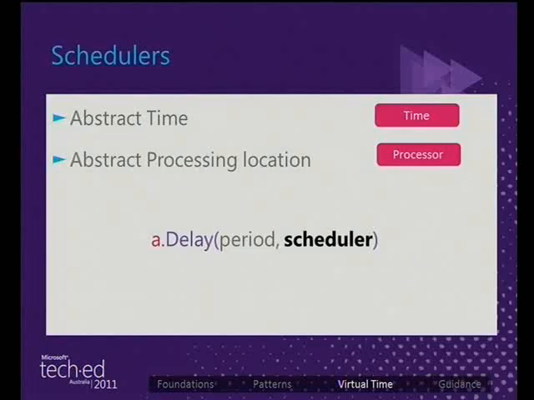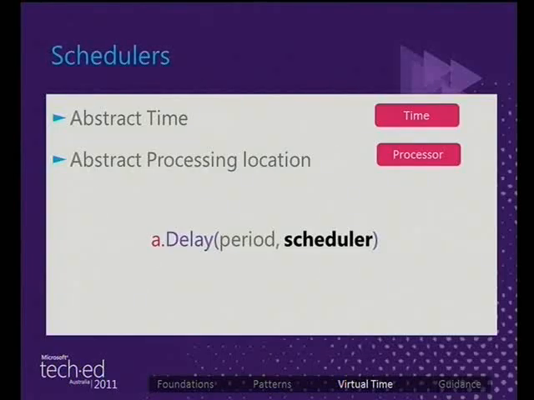If you did a .delay with a scheduler, and then some code after that, and that scheduler was an Azure scheduler, then what would happen is this code after it would run in Azure. So there are some quite interesting capabilities that will come out of that work.